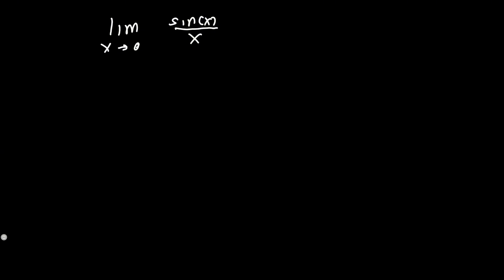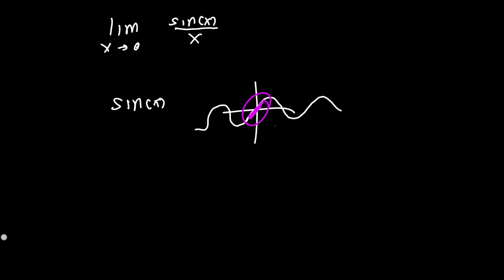What we're going to do is look at the function sine of x. If we look at its graph, we would see something like this, since it is periodic. But let's notice that as x approaches 0, we have this small portion right here, and we see that it behaves like x for very small values of x.